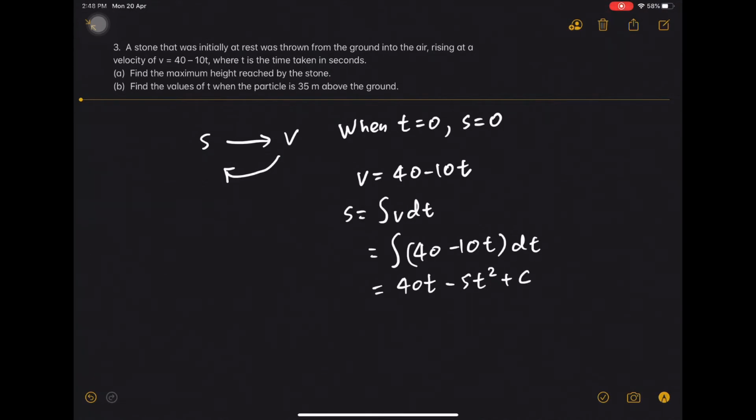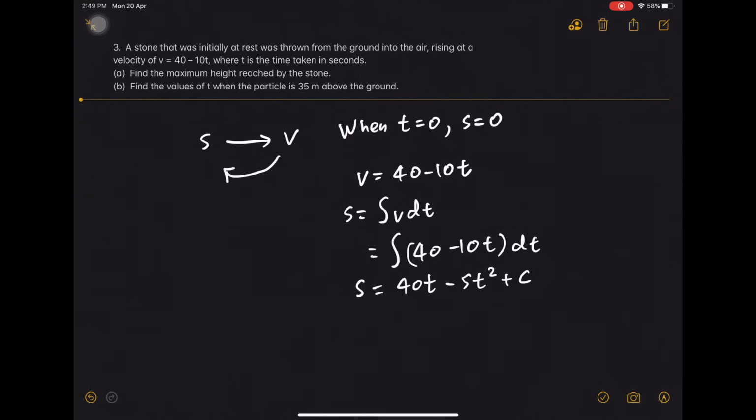So like I said, we do not want our constant, so we have to take note of the question carefully because in the first sentence, it tells you that when time is at 0, displacement is also at 0. So we're going to substitute this into my displacement equation to get rid of my constant, because if we have time and a constant, we are unable to solve what is displacement.